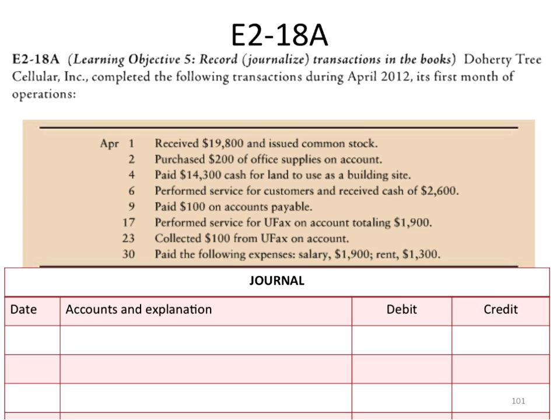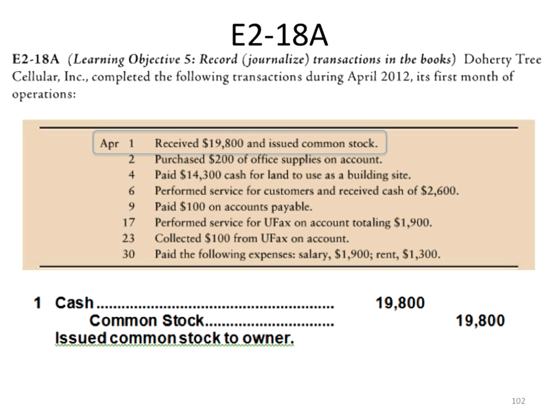Your debits have to equal your credits. In this particular one, we're going to have one example where we have more than one credit or more than one debit. So that entry is going to look like this. We're going to see cash debited for $19,800, crediting our common stock for $19,800.